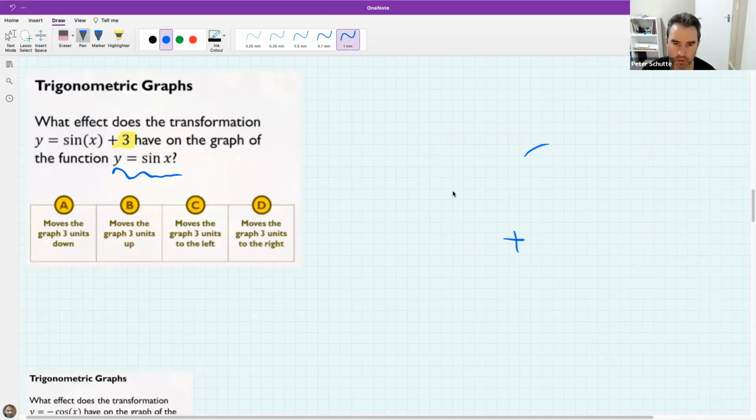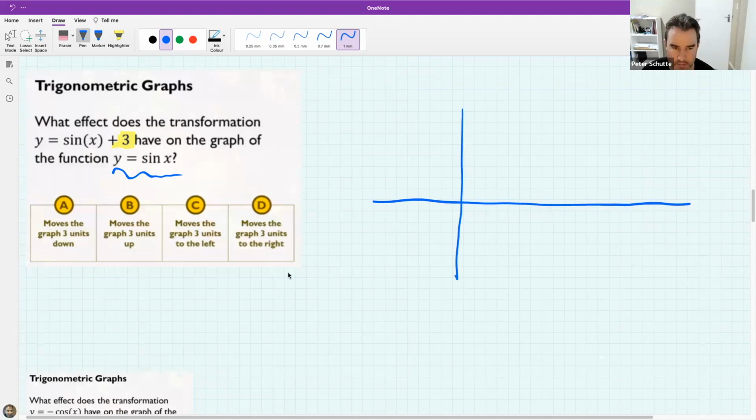So when I want to draw trig graphs, you normally deal with this thing called the domain. And in this case, my domain is going to be 0 to 360. So I'm just going to make the step size 90, 180, 270, 360. And let's say that it goes up to 1 there and down to -1.